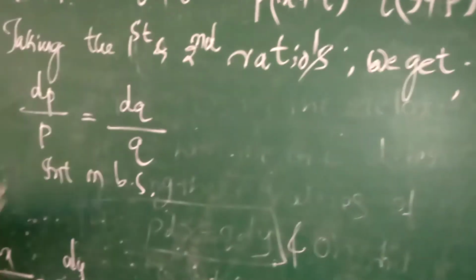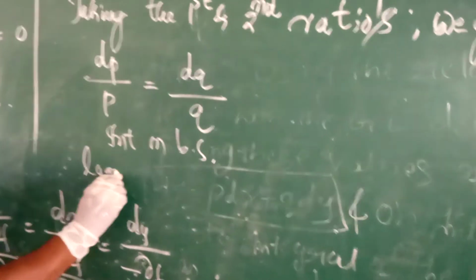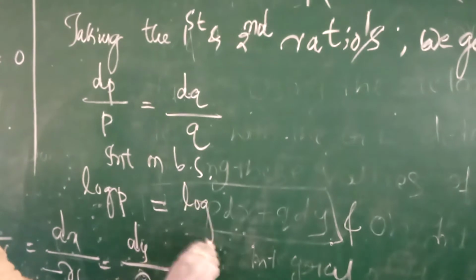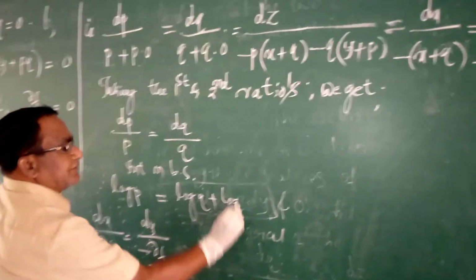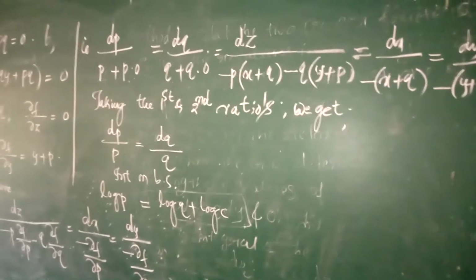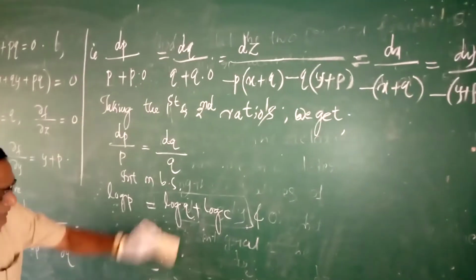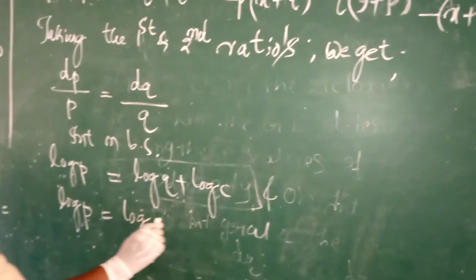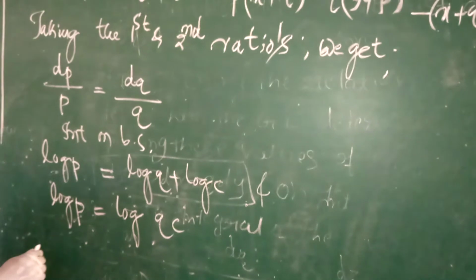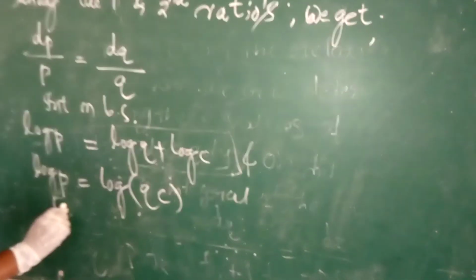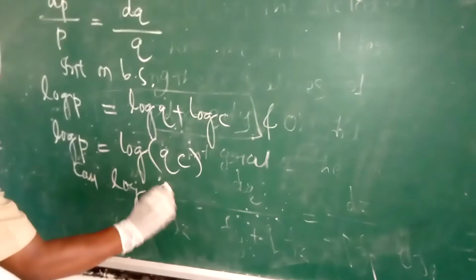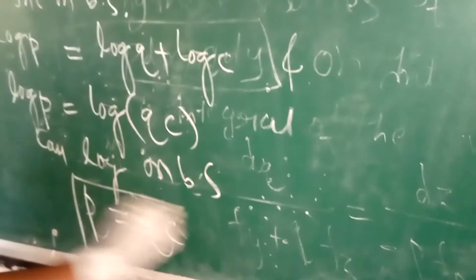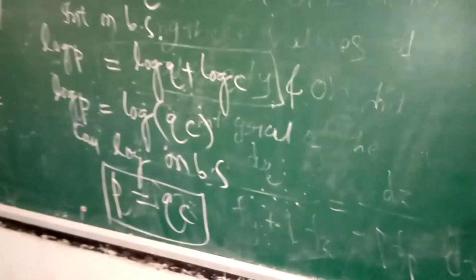the integration of 1/p with respect to p is log p, equal to the integration of 1/q, which is log q, plus a constant of integration, taken as log c. So log p = log q + log c = log(qc). Cancelling log on both sides, we get p = qc.